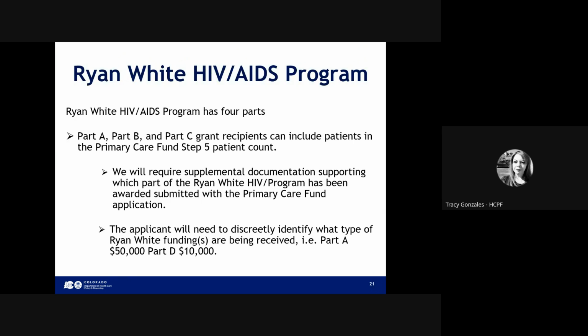The Ryan White HIV/AIDS program is another program that can get a little bit confusing. The program does have 4 parts to it. Part A, B, and C patients can be included in step 5 if documentation is submitted with your application supporting which part of the program was awarded and what type of funding was received.